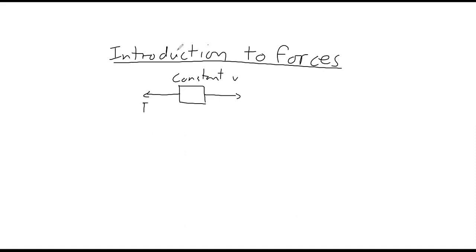So let's say there's an applied force and there's a frictional force. My motion is going that way, so friction. If these two forces, let's say it is 5 Newton and 5 Newton each in the opposite direction, then we know that there is a resultant force of 0. My acceleration is 0, therefore we're moving at constant velocity.